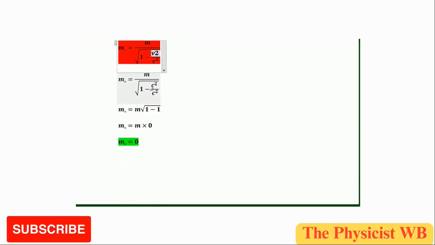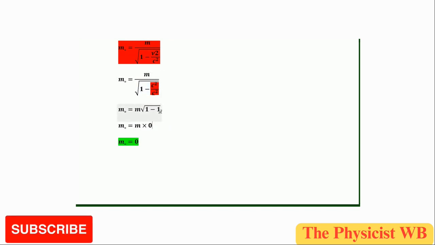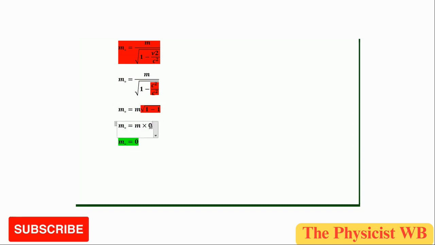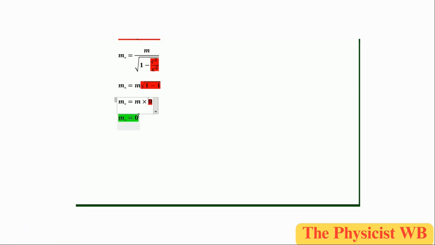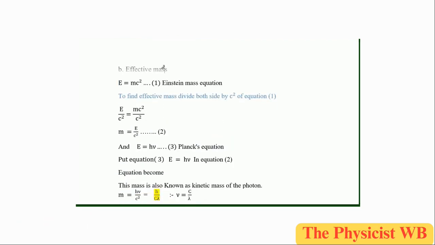So putting c instead of v, it becomes 1 minus c square divided by c square. So c square divided by c square cancel each other, and this becomes 1 minus 1, which is equal to 0. Now we multiply m with 0, which becomes 0. So m naught is equal to 0, and finally we have proved that m naught is equal to 0.